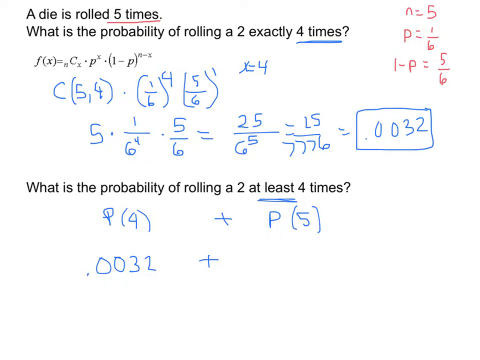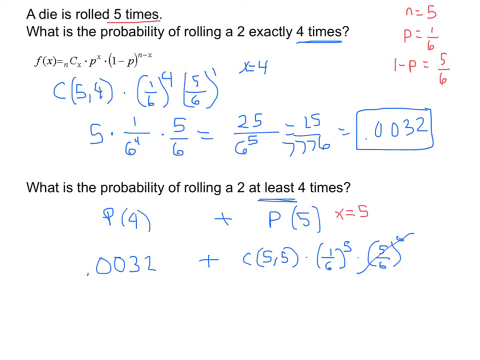Let's use the formula in this case for the probability of rolling it 5 times. Our x has now changed to 5. And so we get the combination of 5 things taken 5 at a time, times 1/6 to the 5th, times 5/6 to the 5 minus 5, which is 0. We know that anything to the 0 power is just 1, so we're going to cross that off.